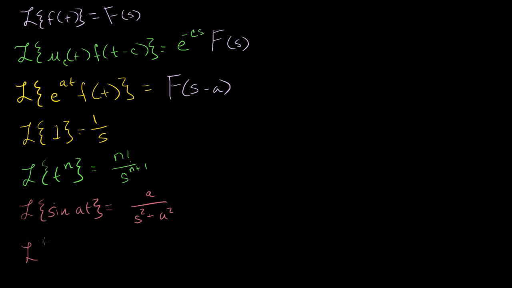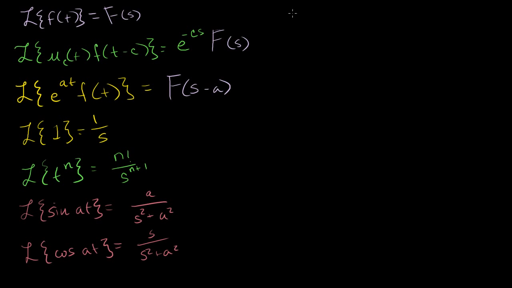And the Laplace transform of cosine of at is equal to s over s squared plus a squared. And you'll be amazed by how far we can go with just what I've written here. In future videos, we're going to broaden our toolkit even further. But just these right here, you can already do a whole set of Laplace transforms and inverse Laplace transforms. So let's try to do a few.